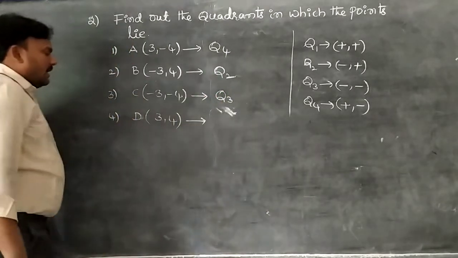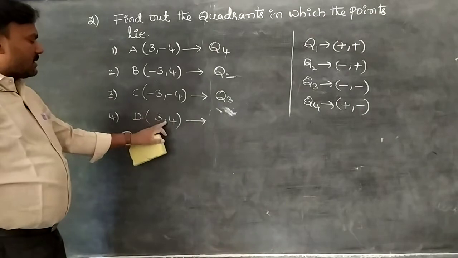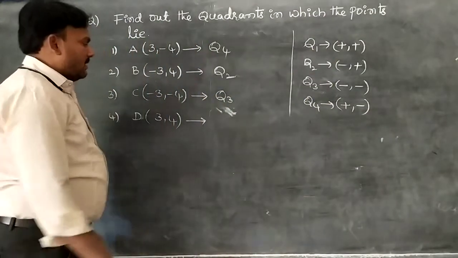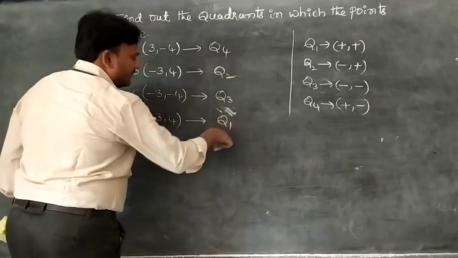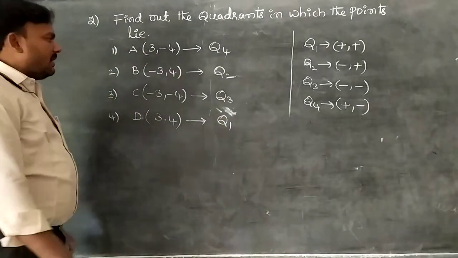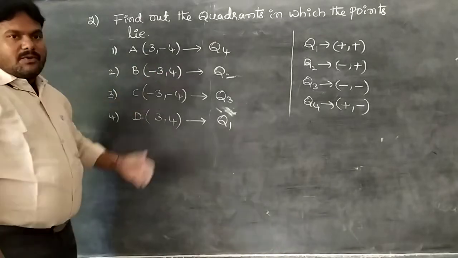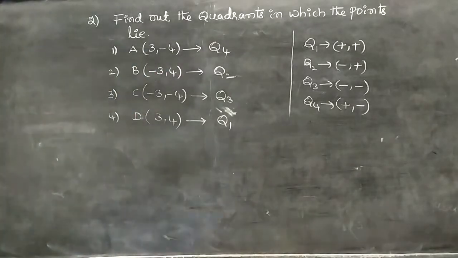Next, D (3, 4) is plus, plus: the first quadrant, Q1. This is the solution. So practice carefully, students.